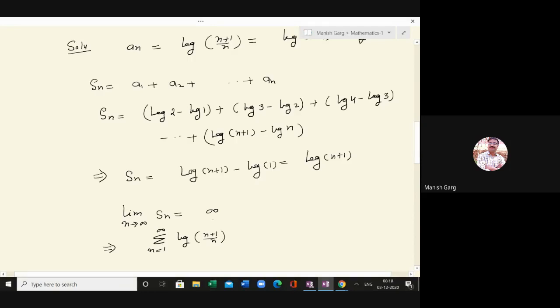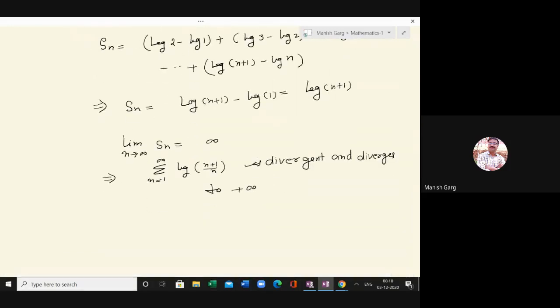Because we know it is infinity, you can say it is divergent and diverges to plus infinity. So in this way you can check whether a given sequence is convergent or divergent. I am taking one more example.